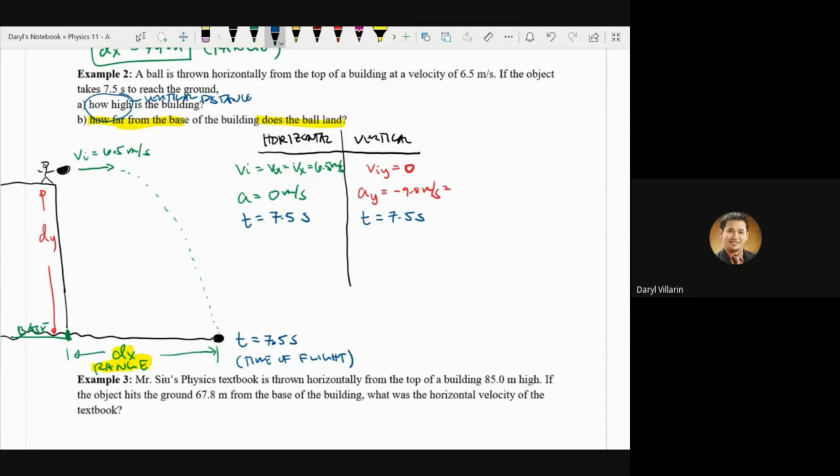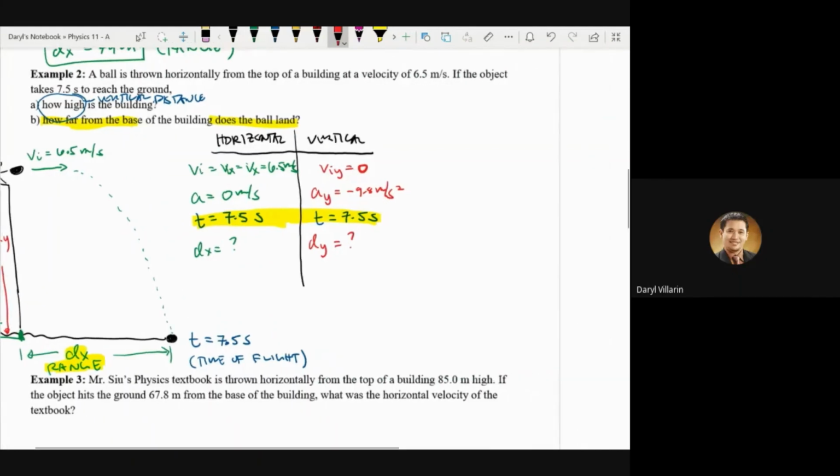Again, there's no distinction between my time along x or along y. So they are the same, so I can use that particular time. So the unknown on one side is my dx. I don't know what the displacement along x is, as well as the displacement along y. So that's also a question mark.